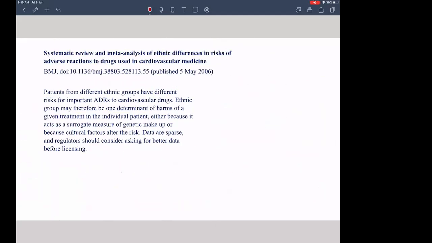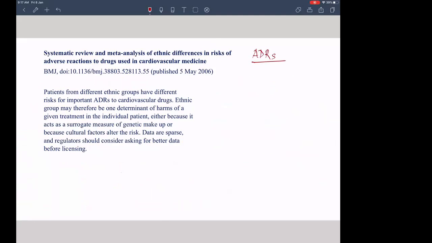So for instance, here is another example, systematic review and meta-analysis. When you search for the literature, you may find something like this, ethnic differences in risks of adverse reaction to drug. You see, this is another thing, ADRs, adverse drug reactions.